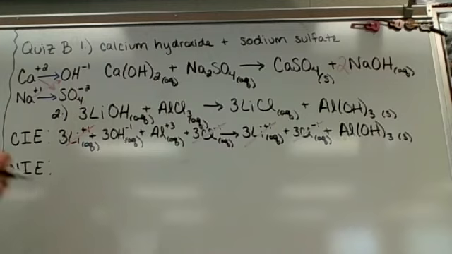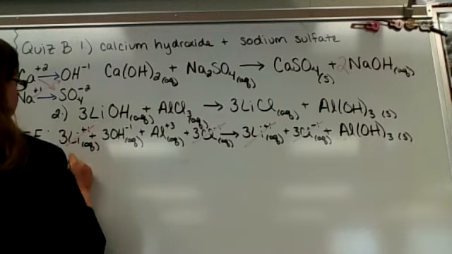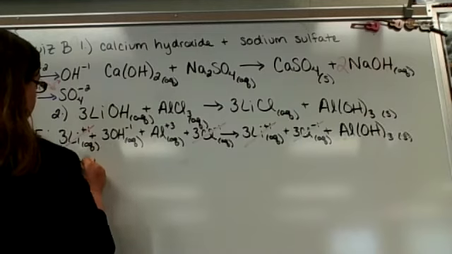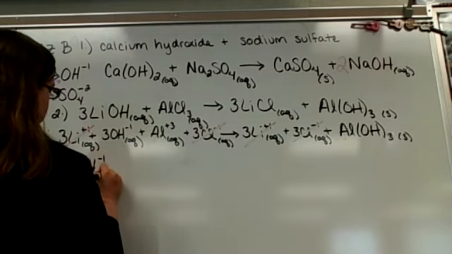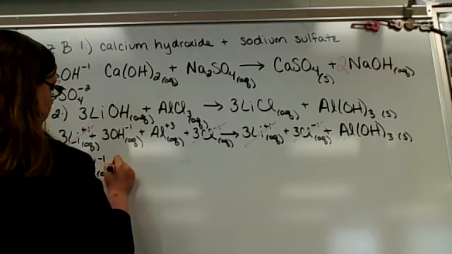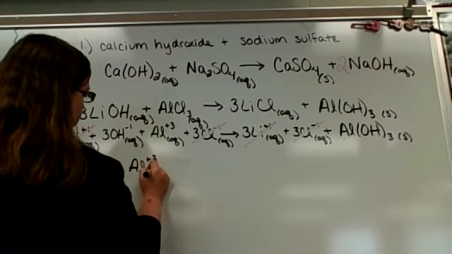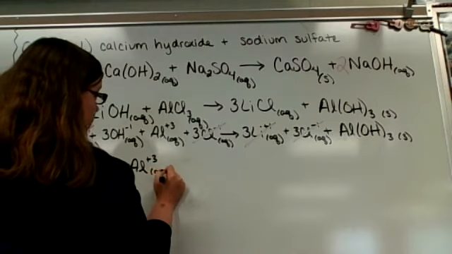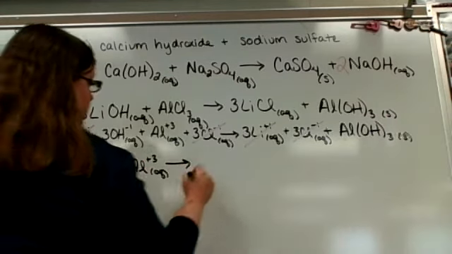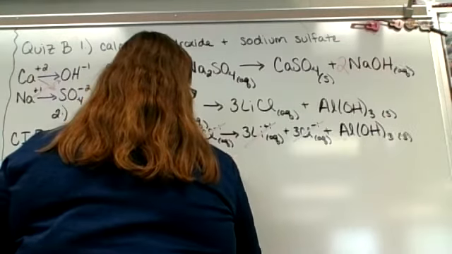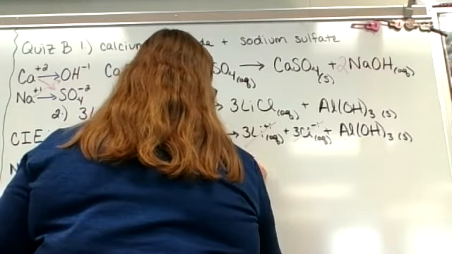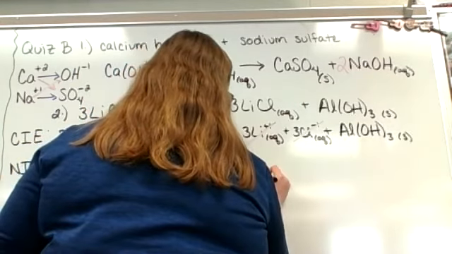And then now just rewrite what you have. So that would be 3OH-1 aqueous plus Al+3 aqueous yields Al(OH)3 solid.